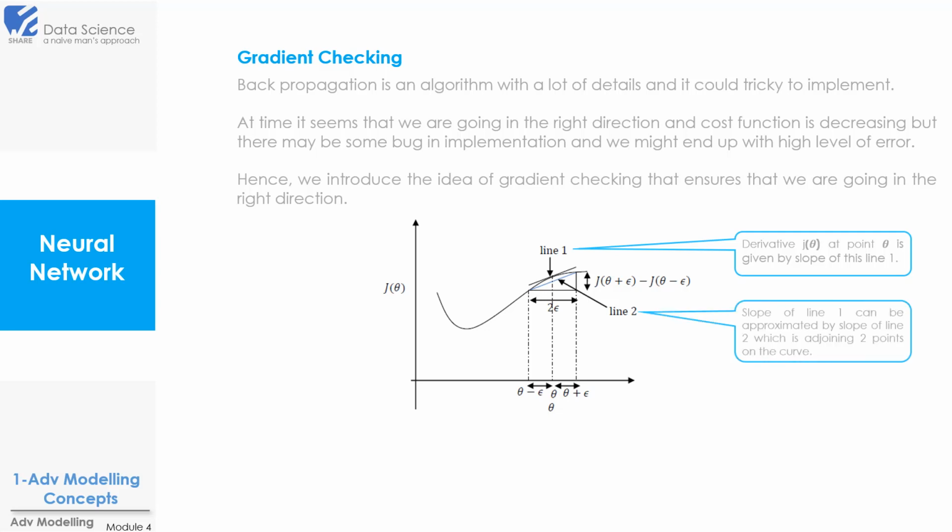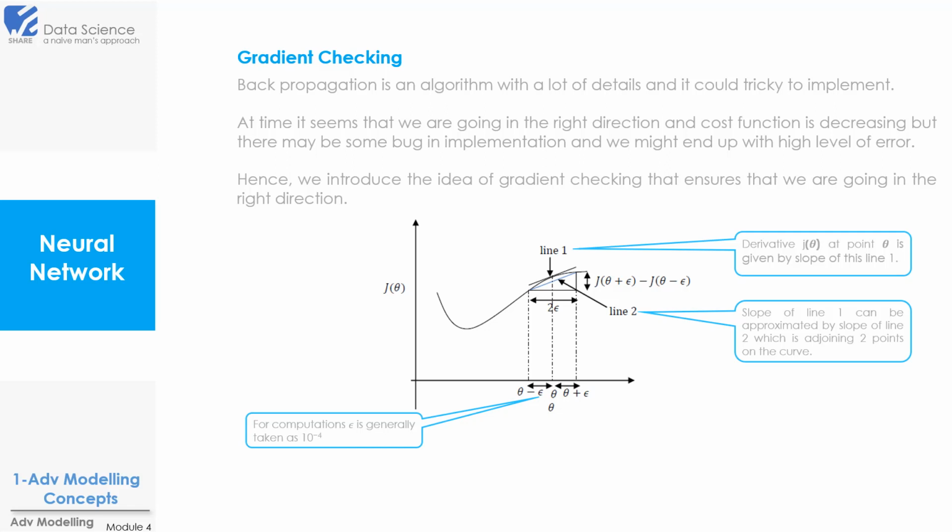Now slope of line 1 can be approximated by slope of line 2, which is adjoining 2 points on the curve as shown here. So why are we doing this? Because it is easy to find the slope of line 2 compared to slope of line 1. And the slope of line 2 can be considered an approximation of slope of line 1. So it is better to find the slope of line 2 because it is easier.